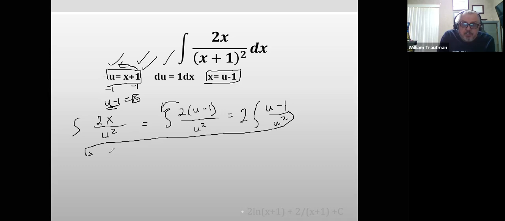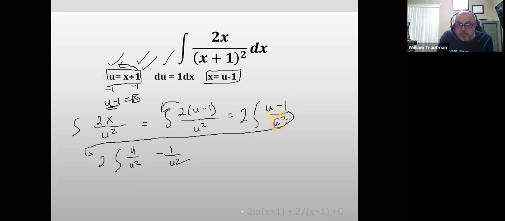This is 2. And we're going to integrate u over u squared minus 1 over u squared. We took this u squared and we put it underneath both of those. I know you can't see that. That's the yellow.